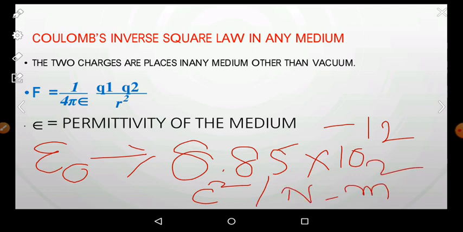How did we get this? Just cross multiplying, epsilon naught equals Q1 Q2 divided by F r square. Coulomb is the charge and this is the product, so the unit is coulomb square per newton meter square.